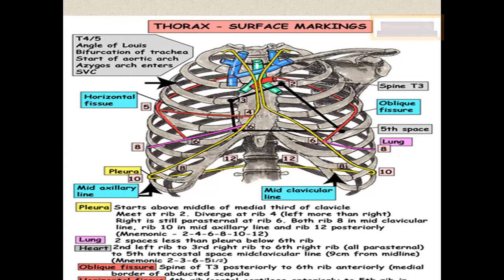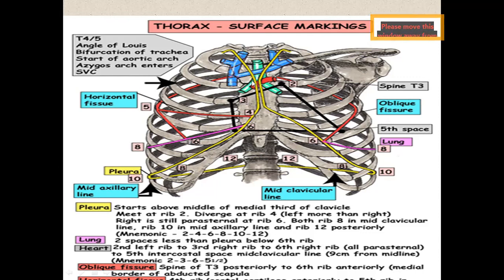The angle of Louis is the point where we have bifurcation of the trachea, exactly at this point. Starting off of the aortic arch, you can see here the azygous arch actually enters into the superior vena cava at this point. So that is between the fourth and fifth thoracic vertebra, the angle of Louis.